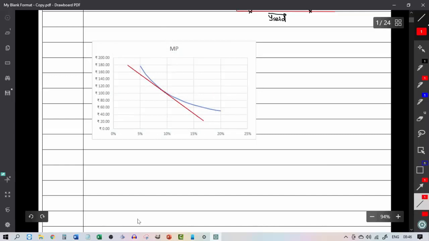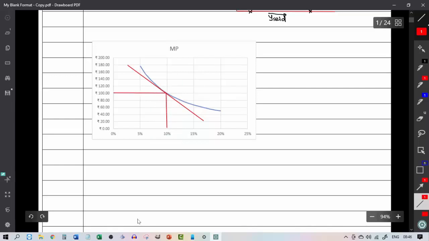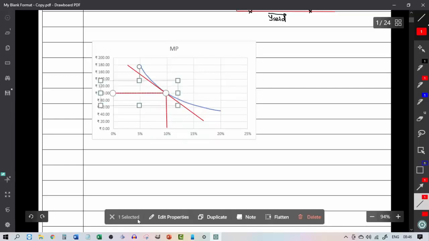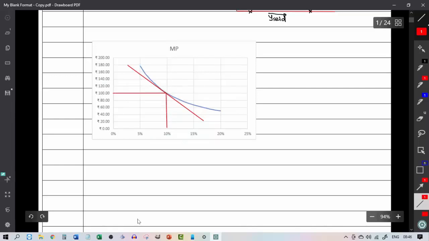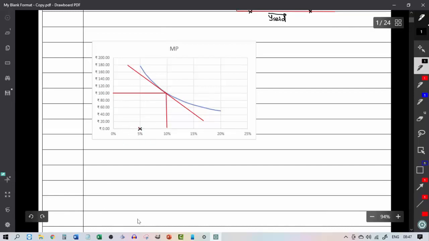at a 10% yield, the price of the bond is 100. Now, if we presume that the yield falls, let us presume that it falls to say 5%, then the price of the bond as per the straight line should be here.